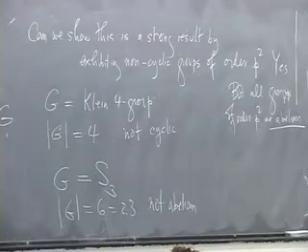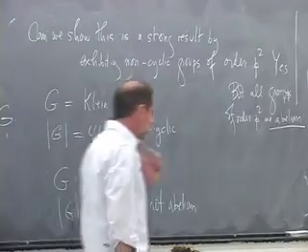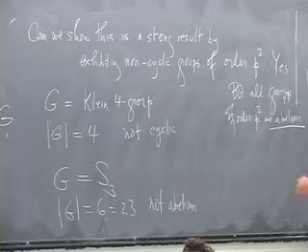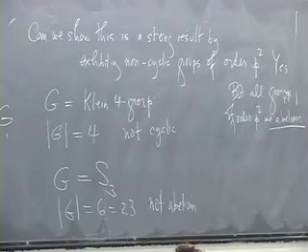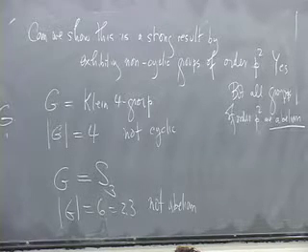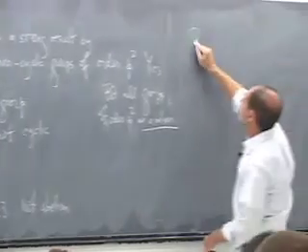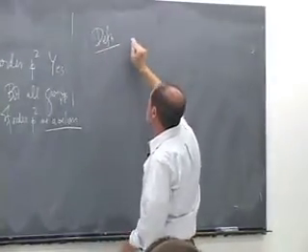And one result that Brauer led the charge on, although he wasn't the one that proved it, but he was the one that suggested it, is the following amazing result. So here's a good definition for you, a very important definition in 20th century group theory.